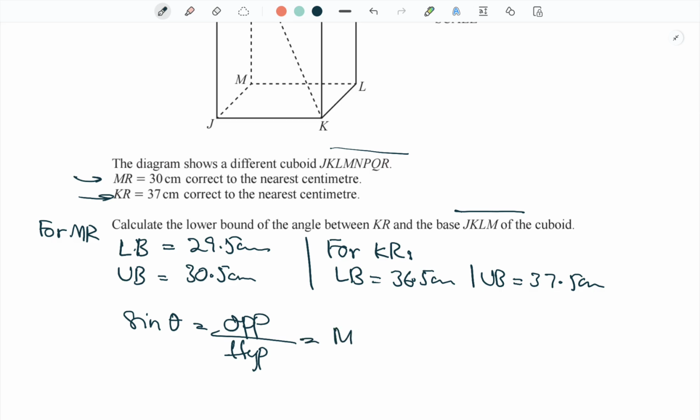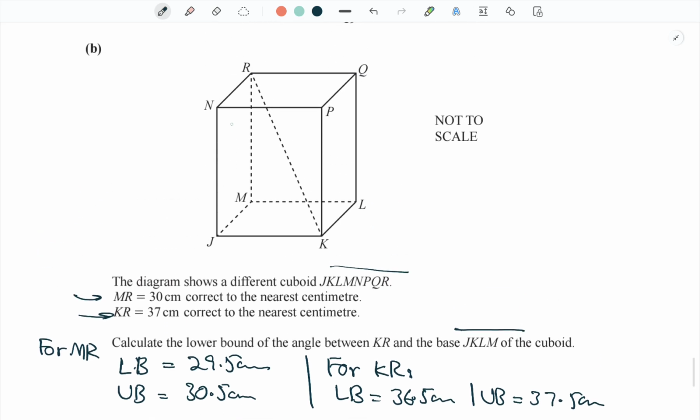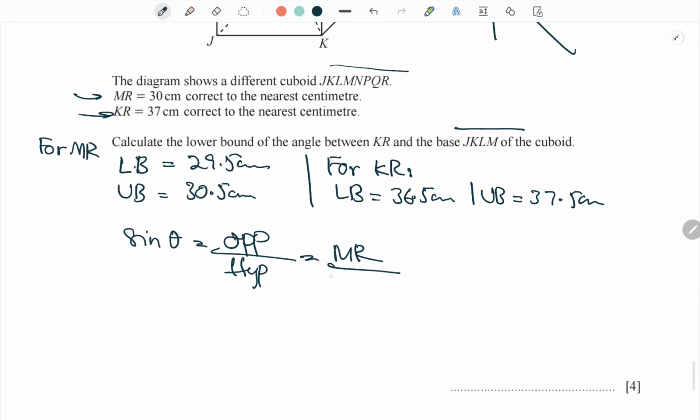Opposite is MR, right? If you see, the MR is opposite, and the KR, we are calculating these two sides, so this is KR, this is MR, right?